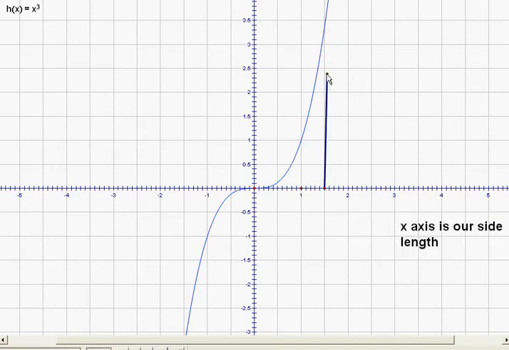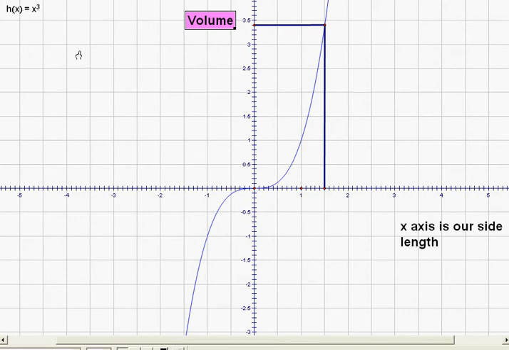And if we draw a line straight up, it's going to intersect with the graph right there. And then we're just going to come straight across to approximately right here. And looking at this, if our y-axis represents the volume, then this would be approximately 3.4 cubic units.